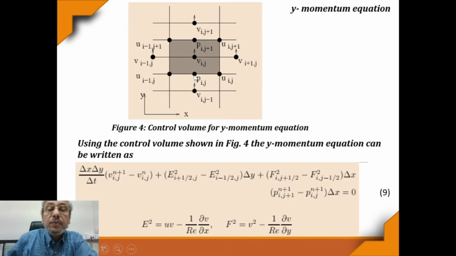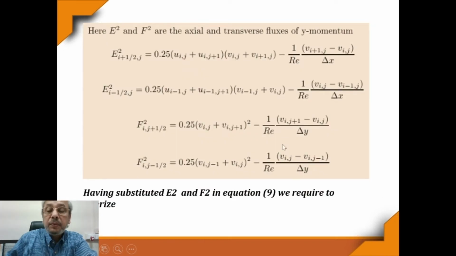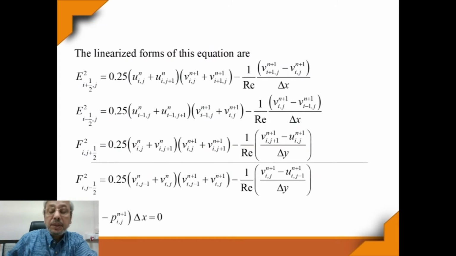That means F2 ij minus half we have found out. So all these quantities we find out the way we did for X momentum equation.